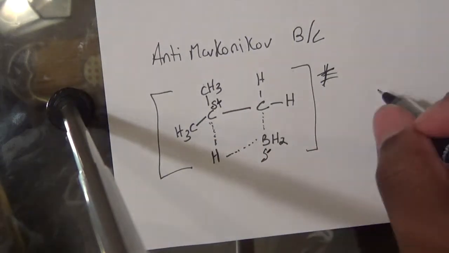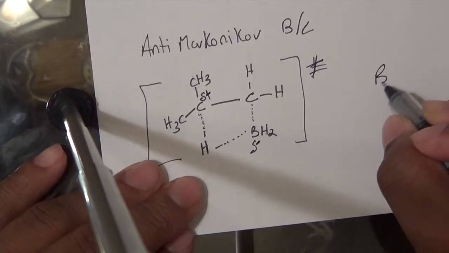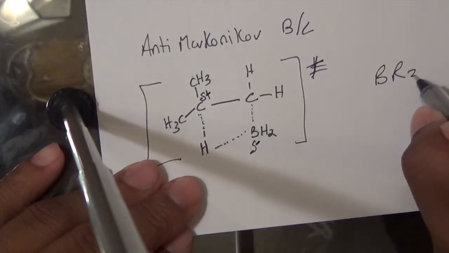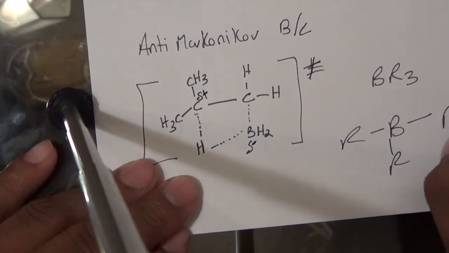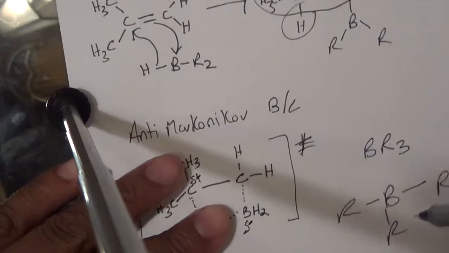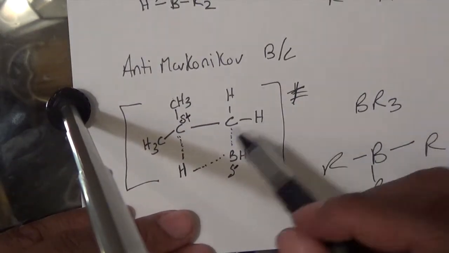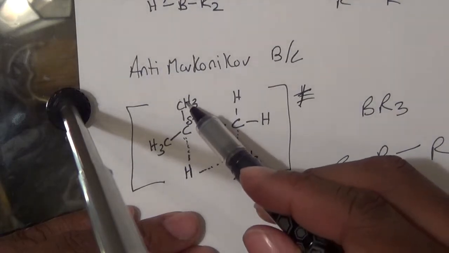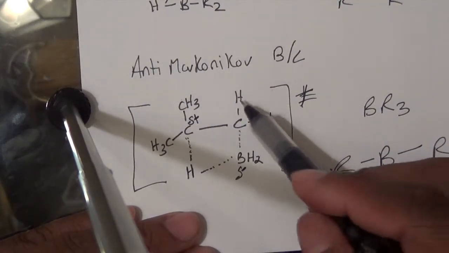Now the reason why we change BH2 to BR3 is because now with this BR3, we know the size of our R groups. They're very, very large like this. So we have these large R groups over here. This prevents, with this CH3 group, these CH3 groups are larger than these hydrogens.